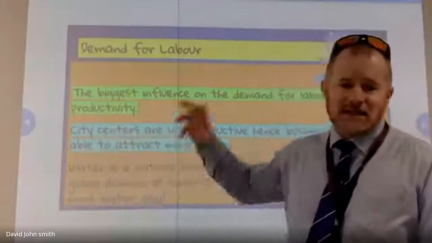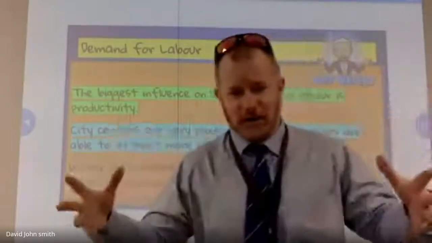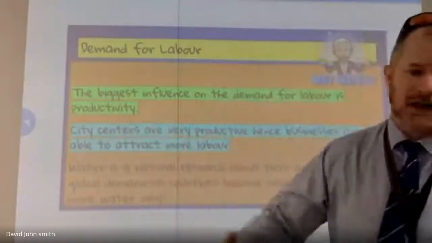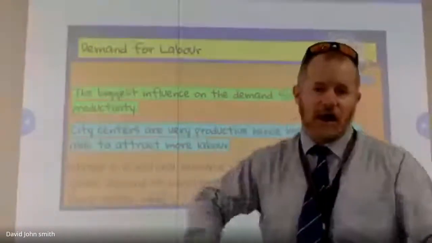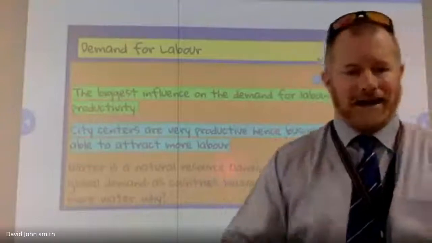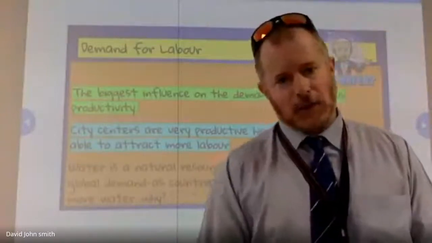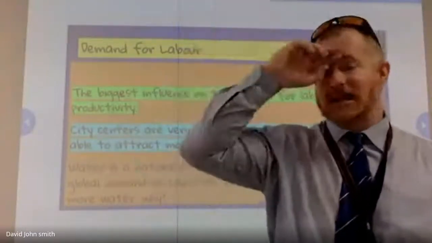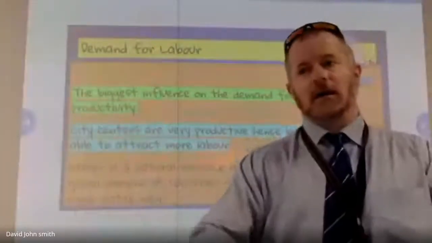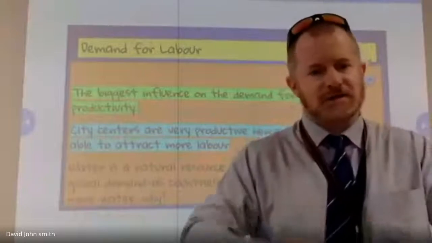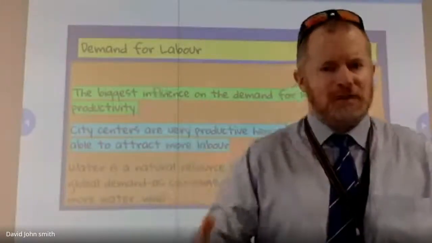City centres tend, it's all theory, okay, to be the more productive, right? So therefore businesses in those areas are going to be demanding and attracting more labour. So you go right to the heart, say here KL, all right, you might find that there are big banks and corporate headquarters and, you know, quite significant businesses.